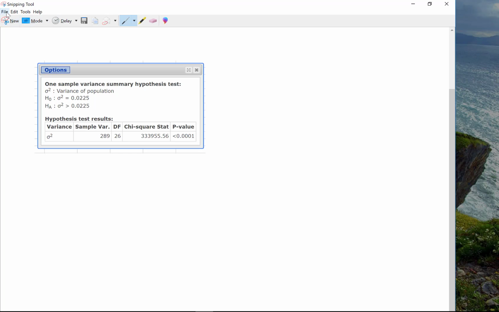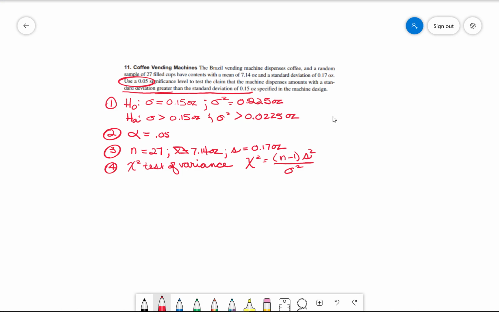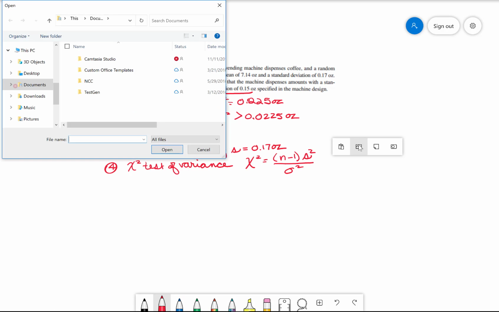I'm going to do File, Copy. See if it works now. I'll try it as a picture. Well, it doesn't like that.